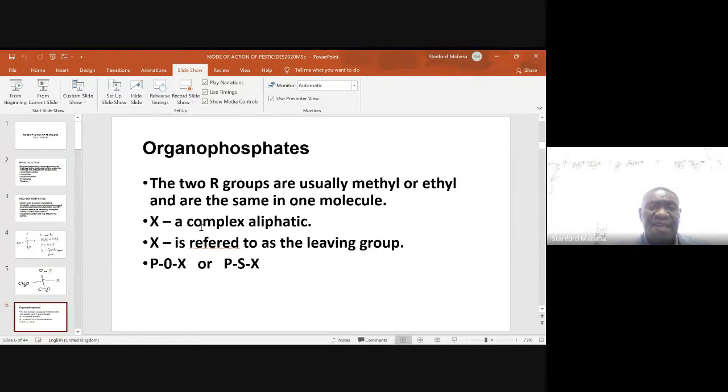X represents a complex aliphatic group. It is sometimes referred to as the leaving group, this X part. So organophosphates can have this link P=O X, this is oxygen, or P=S X, this is the sulfur.